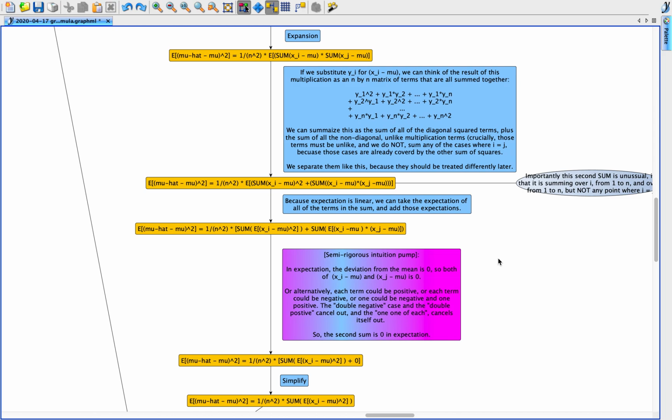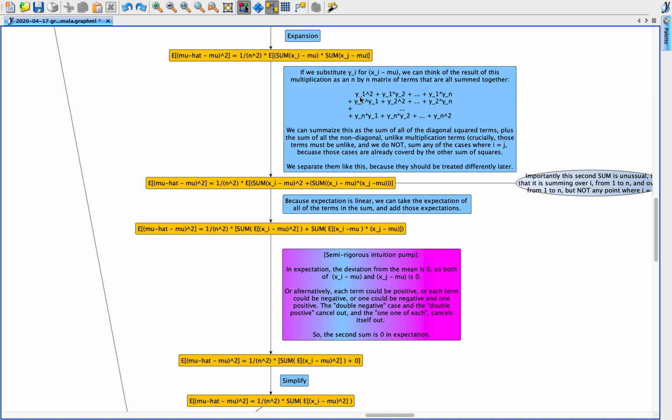We summarize this as the sum of all of the diagonal squared terms plus the sum of all the non-diagonal unlike multiplication terms. Crucially, these terms must be unlike, and we do not sum any of the cases where i equals j, because those cases are already covered by the sum of the squares. We separate them like this because these should be treated differently later. So a thing that we're noticing here is that we have this n by n matrix, which is basically just a really long sum.